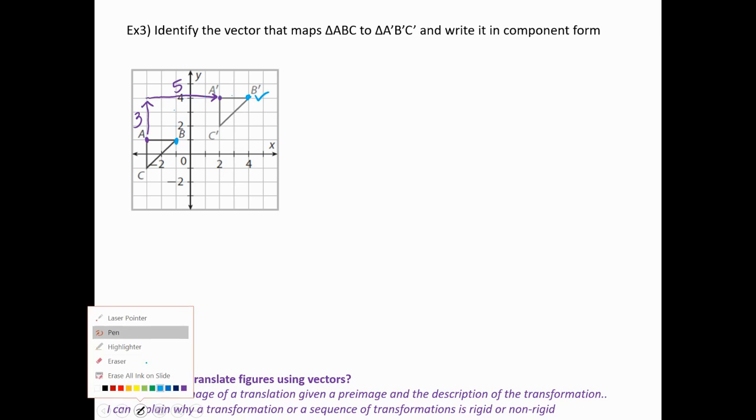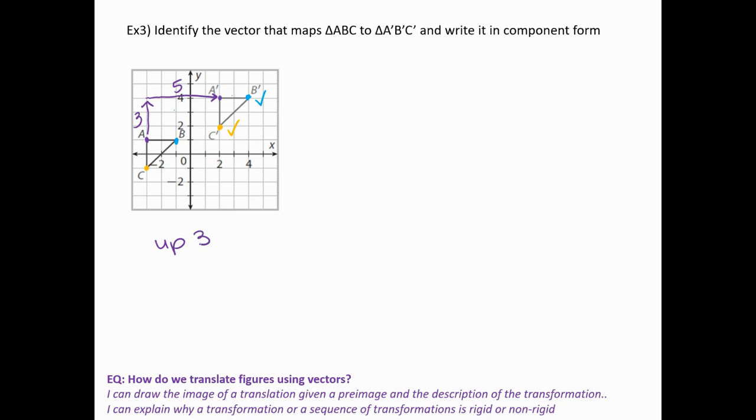That's a little check mark. And then I'm going to change color again and try C. So C to C prime: up 1, 2, 3, over 1, 2, 3, 4, 5. C prime. That one works as well. So that means I was going up 3, and then over 5, but I'm going to be more specific that it was right 5.